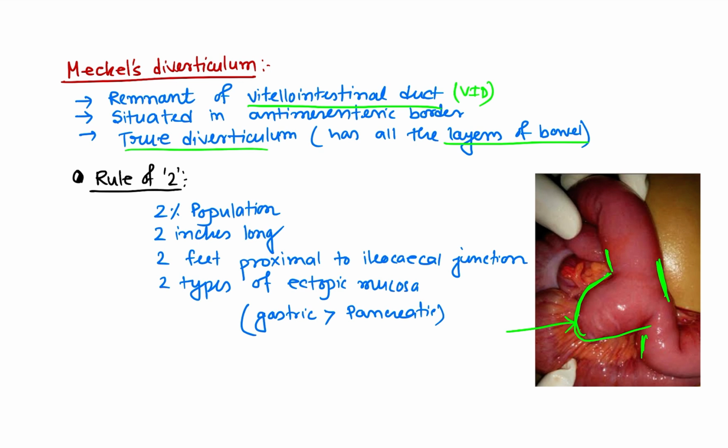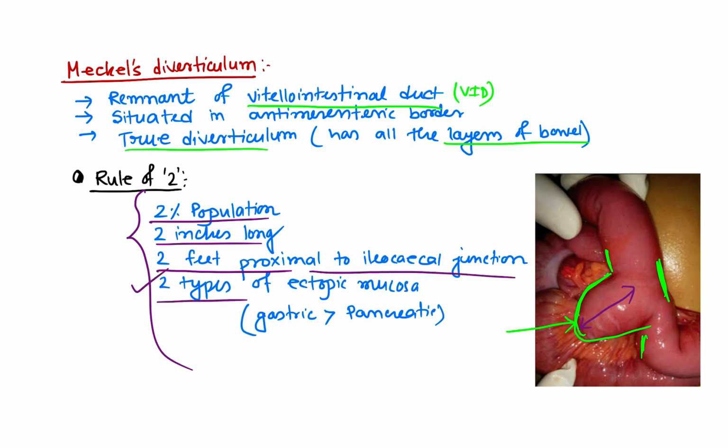As all of you know, the rule of 2 is related with Meckel's diverticulum. It is seen in 2% of the population. It is 2 inches long. It is situated 2 feet proximal to the ileocecal junction, and 2 types of ectopic mucosa are seen in this Meckel's diverticulum: gastric mucosa and pancreatic mucosa.